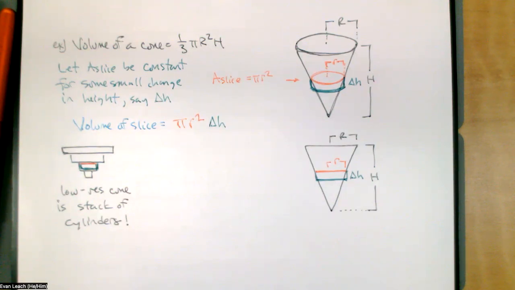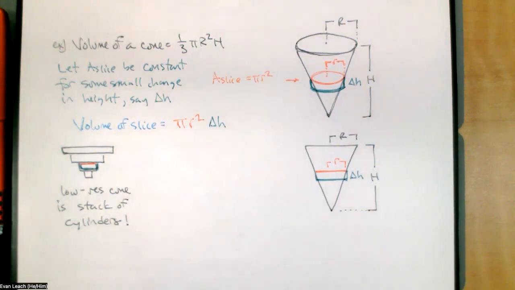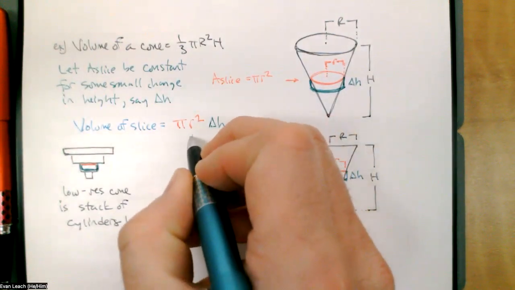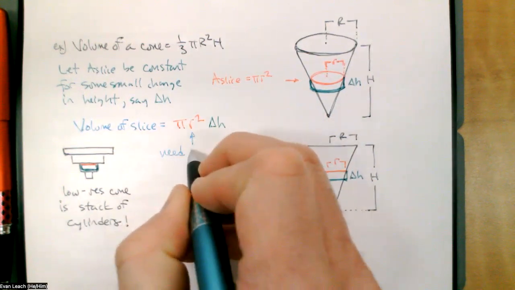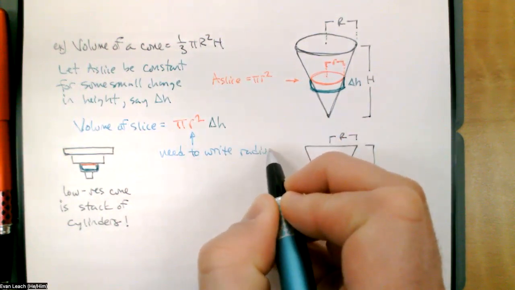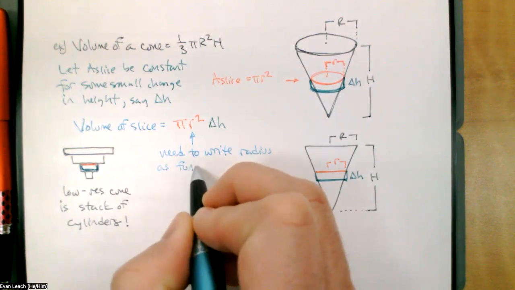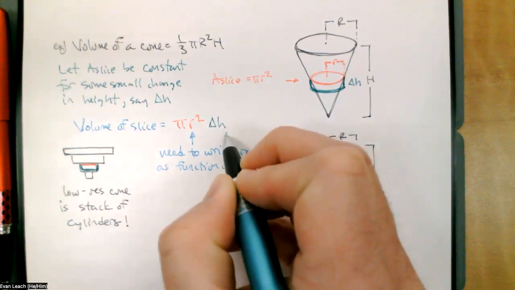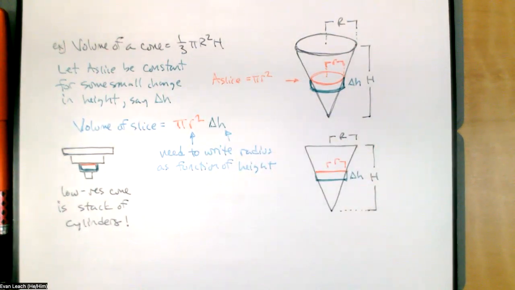What we need to do now is write the radius as a function of this variable h that we created. We need to write the radius as a function of the height. That means I need r as a function of h.